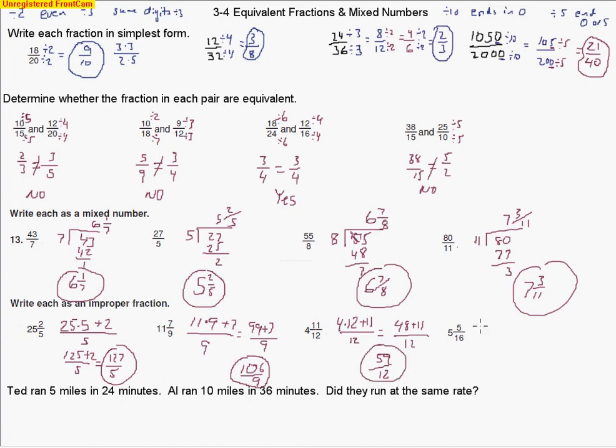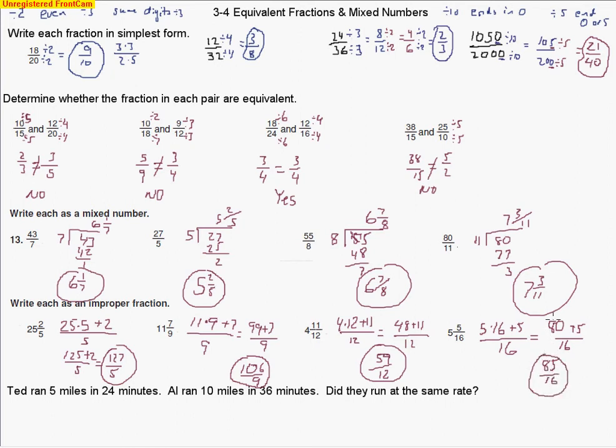Well, the last one here of this type, 5 times 16 plus the 5. All over the divisor, 16. And so when we go ahead and do 5 times 16, we end up with 80. And then we have to add the 5, and this is all over 16. So we go ahead and add those two numbers. We get 85 over 16.